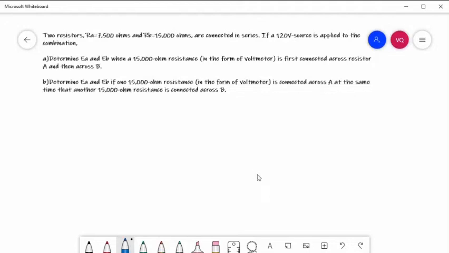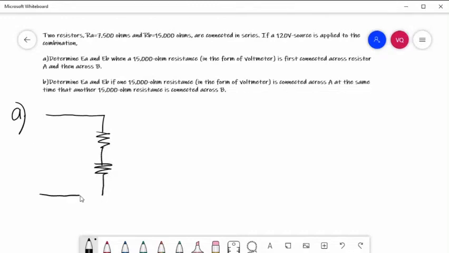We will consider first our letter A. So, we have two resistors connected in series. This is for letter A. And we will let this one as RA and RB.